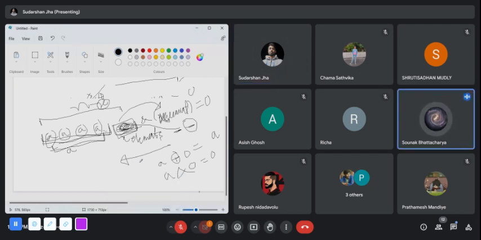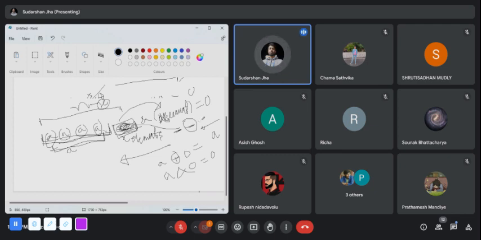Yes, for the first element from the last, if you move from this side, for this element XOR and AND are both equal, because it's a single element. So for this it is satisfied.